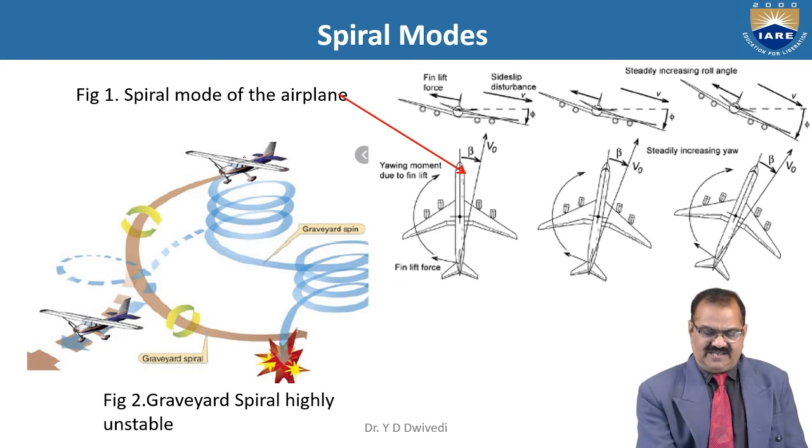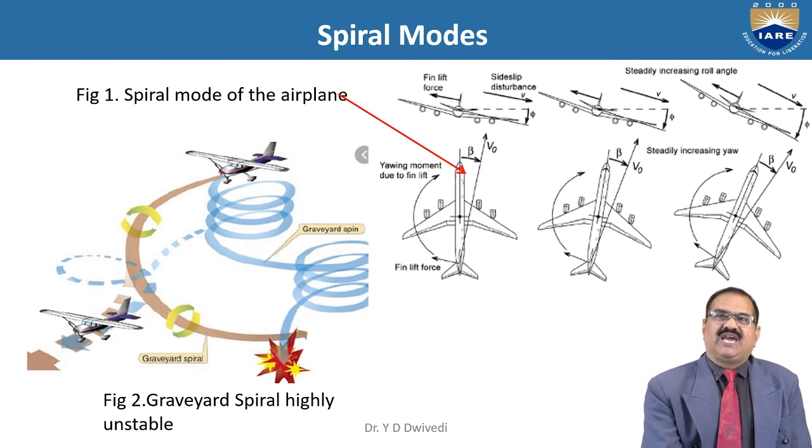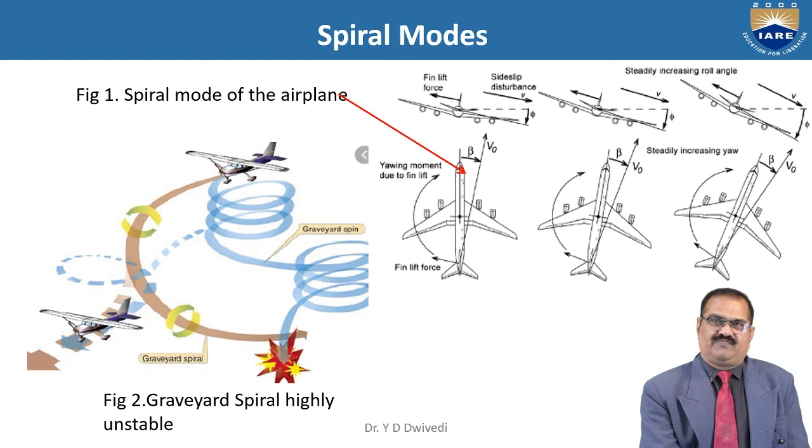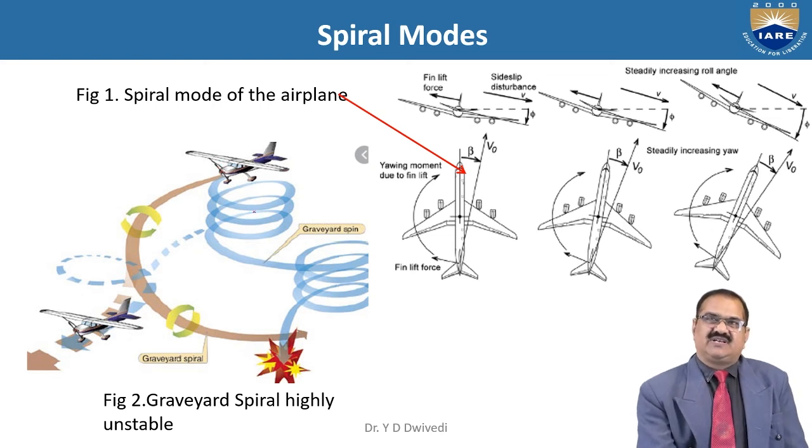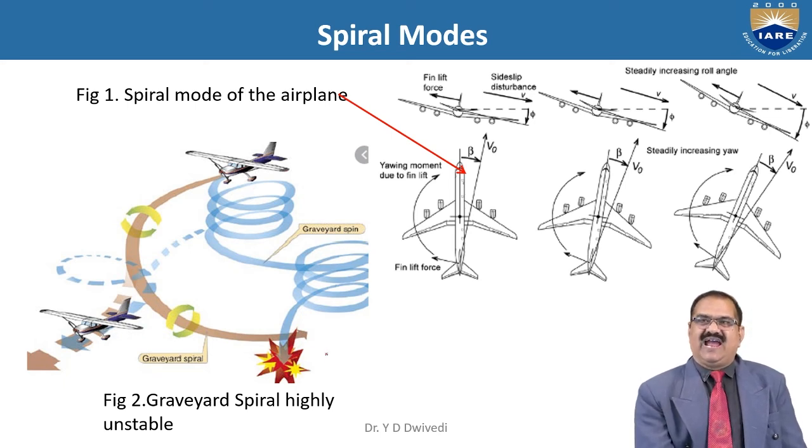You can see here that the aircraft is here and you gave the roll. By giving the roll motion, the aircraft started yawing, and if it is increased much, the roll will be very high and you cannot control the aircraft, and here the aircraft will crash.